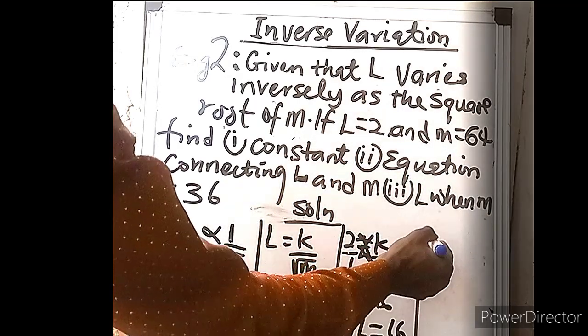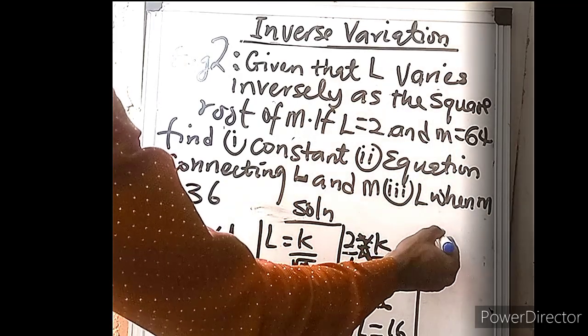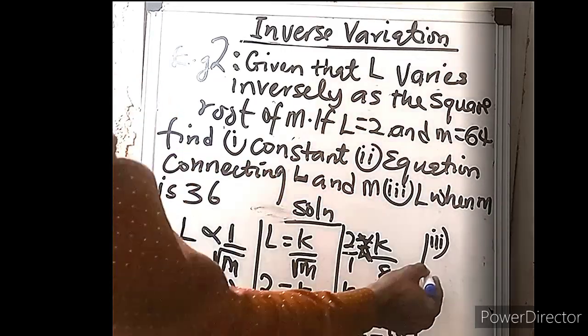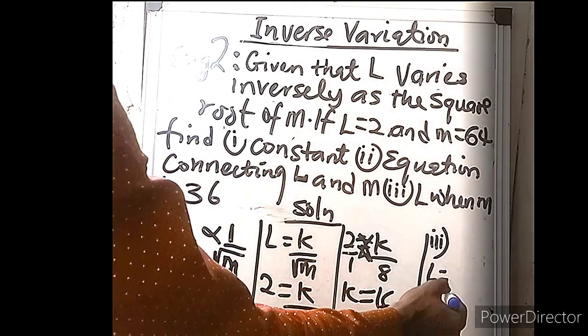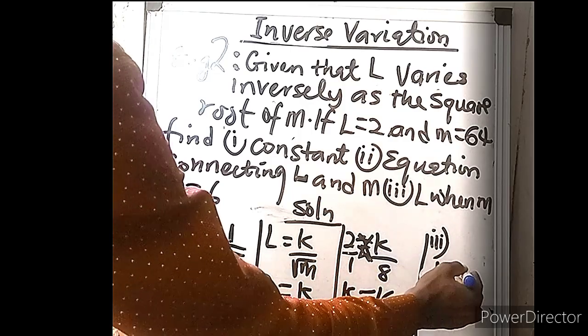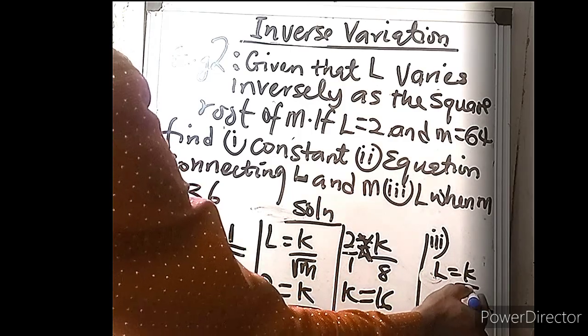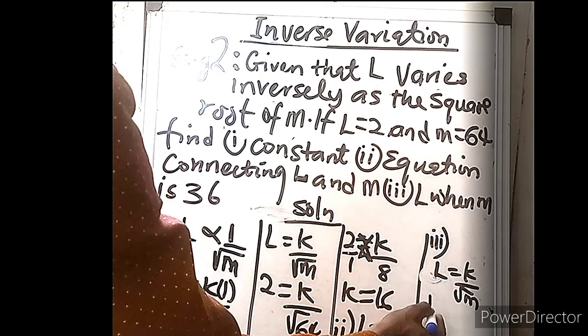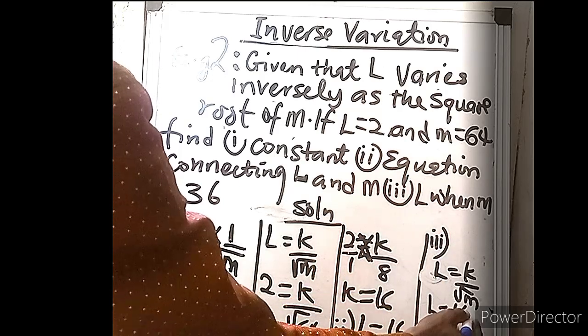Finally, let's answer the last question, the last but not the least. We're told to find L when M equals 36. So our K is 16. Let's state our formula again to remind ourselves. L equals K over square root of what? M. So when we put this, L is not given. L is equal to, what is our constant? 16.